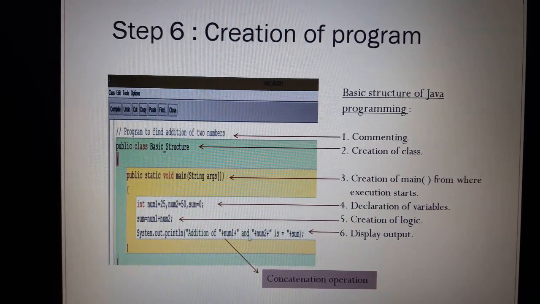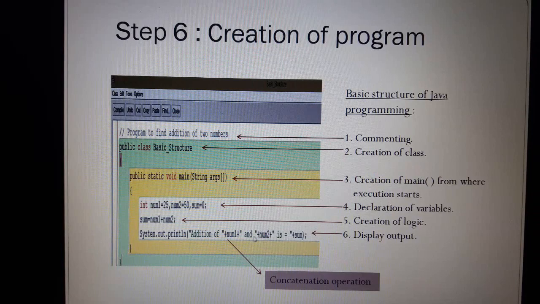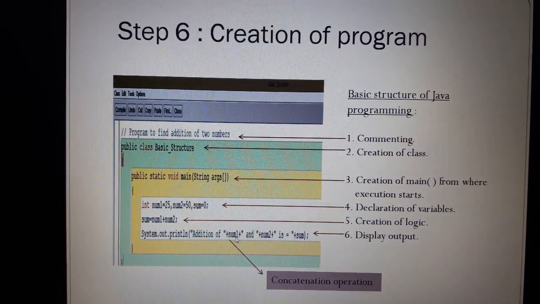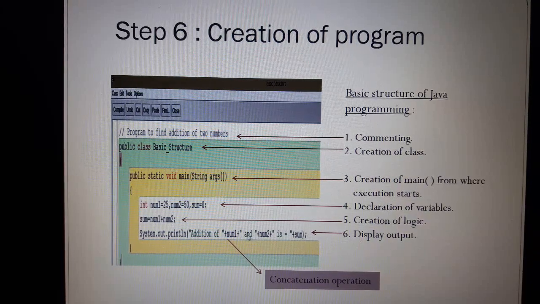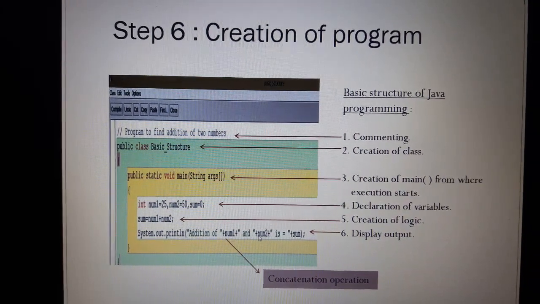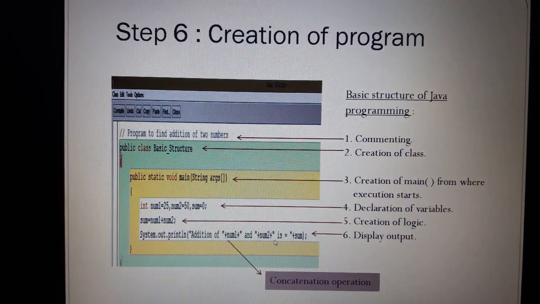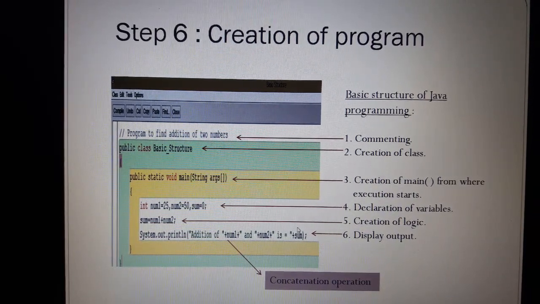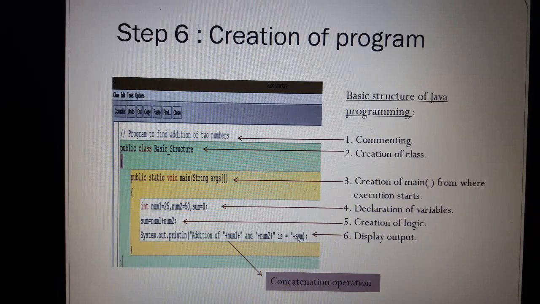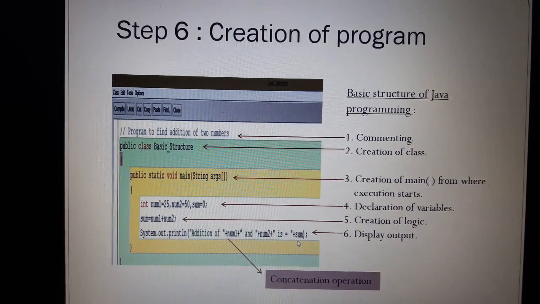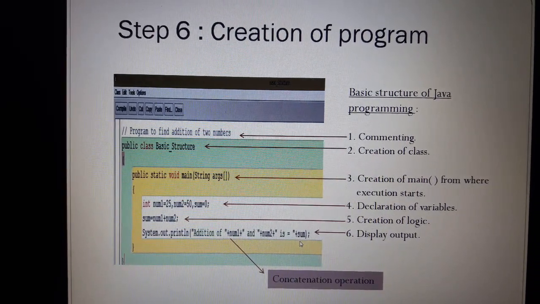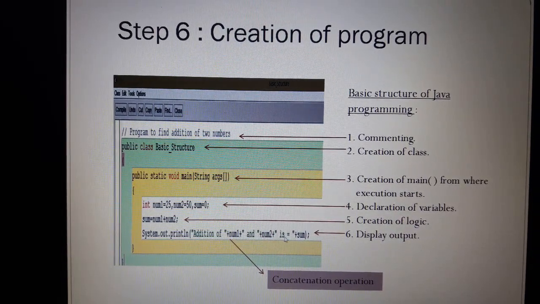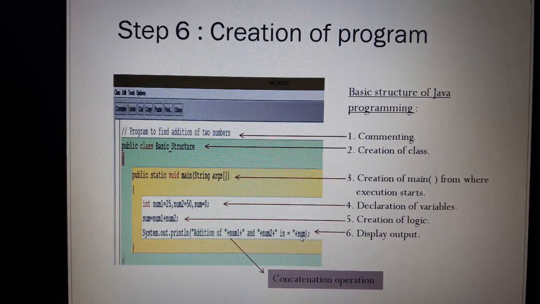See, in both places I provided a space. The addition of 25 and 50 is equal to what? 75. I want this in my output window. That's why I placed the concatenation sign in between them.